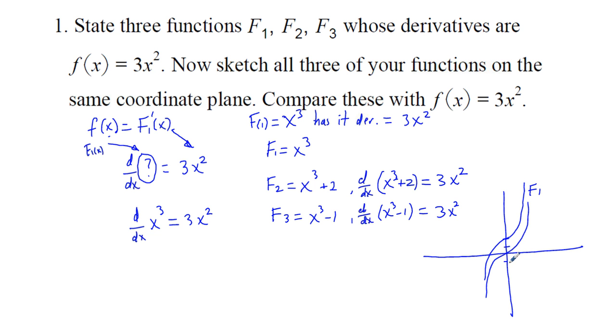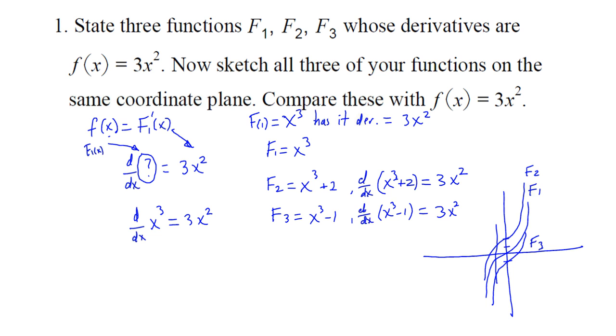And f3 is going to be this one down here. We can see, I hope, that the slopes of f1, f2, and f3 are going to be the same no matter where we go vertically here.